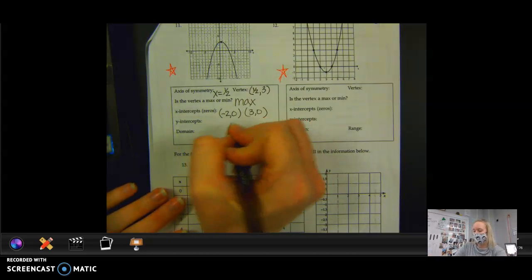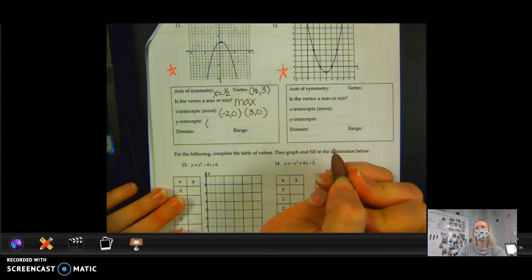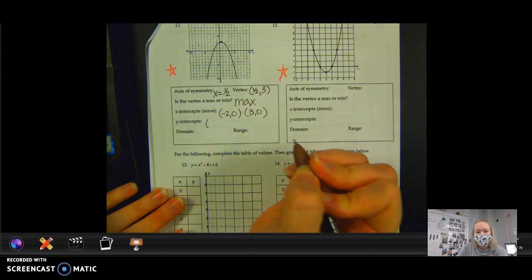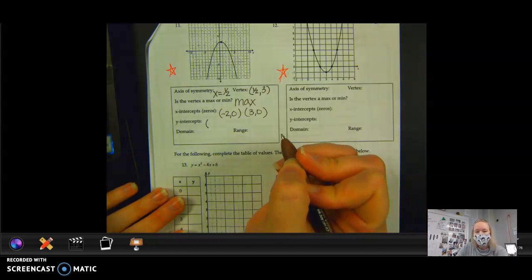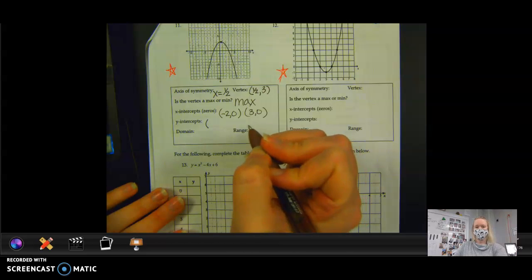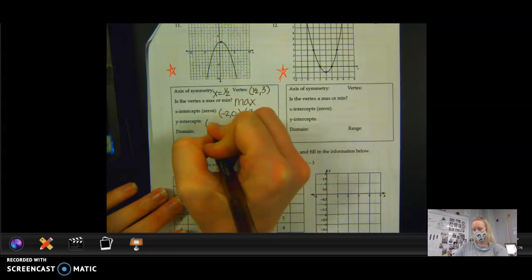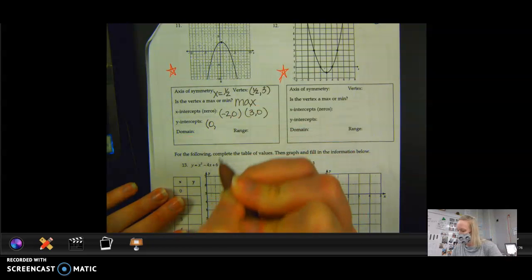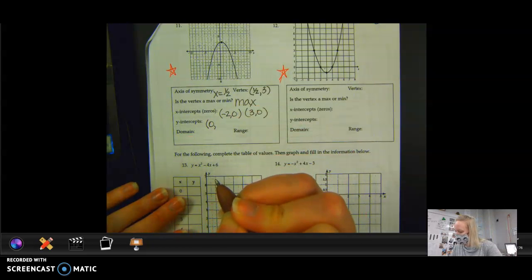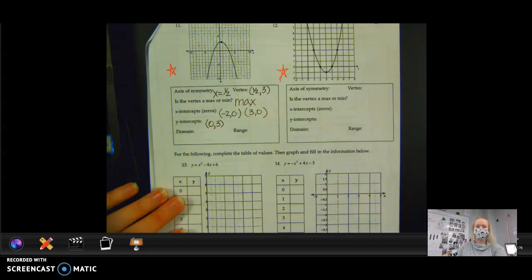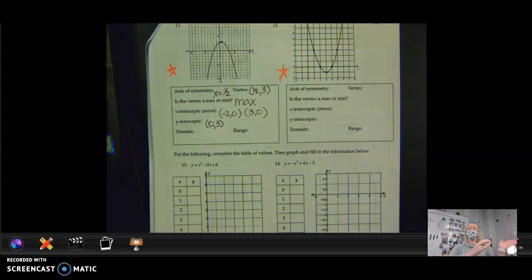Where does it cross the Y line? What's your X value? First off, 0. And where does it look like it crosses the Y line? About 3. That's fine.